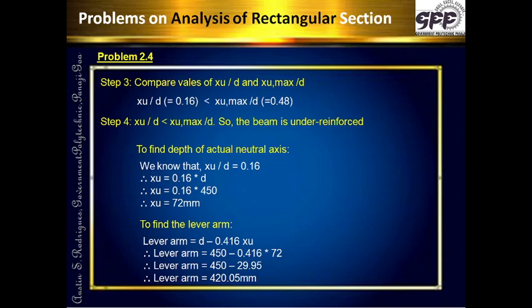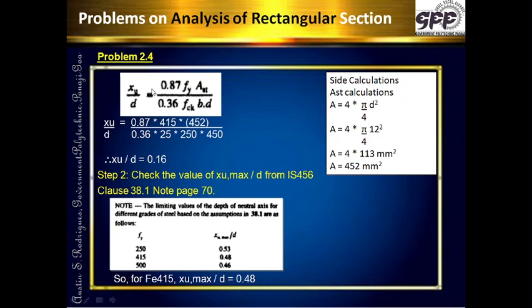The simple reason is that when the section is over reinforced, the stress in steel will not be 0.87 Fy. It will be less than 0.87 Fy, whereas in that equation, the one used previously, the stress is taken as 0.87 Fy. So if we take 0.87 Fy in the case of an over reinforced section, the answer obtained would not be correct.